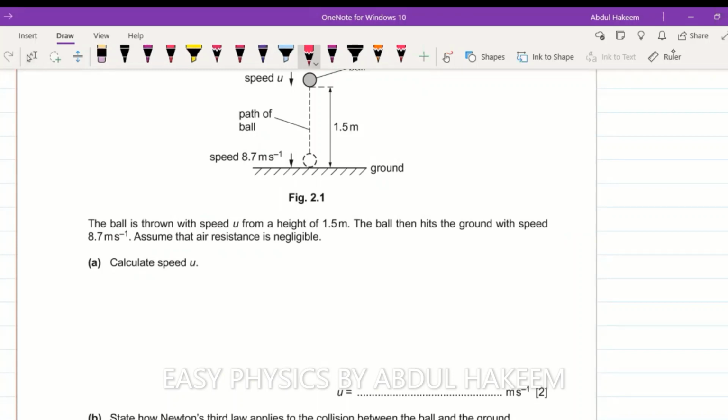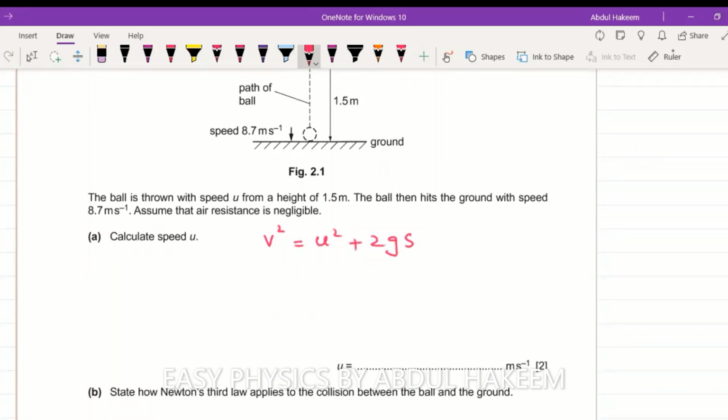Air resistance is negligible. Look, third equation of motion: v square is equal to u square plus 2gs. This final speed is given, 8.7 square, equals initial speed required, u square, plus 2 times g, which for downward motion is plus 9.81, and the distance covered is 1.5.